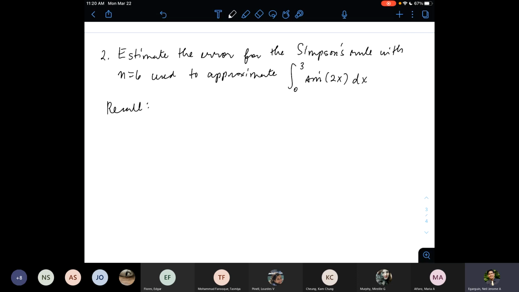Another thing that in practice we are concerned about is the computer error, or the propagated error from machine calculations, because computers cannot perform many operations exactly.